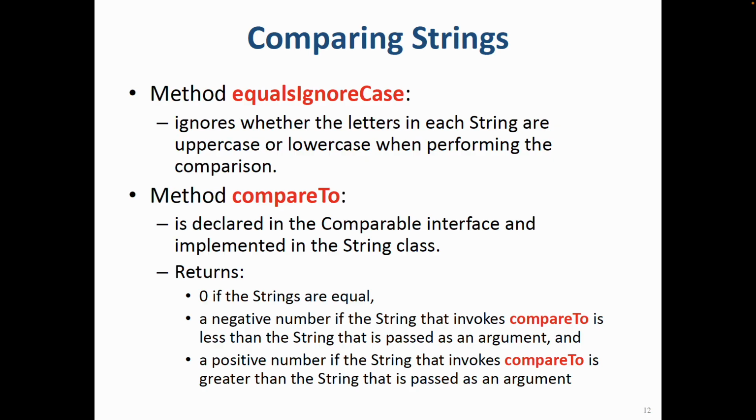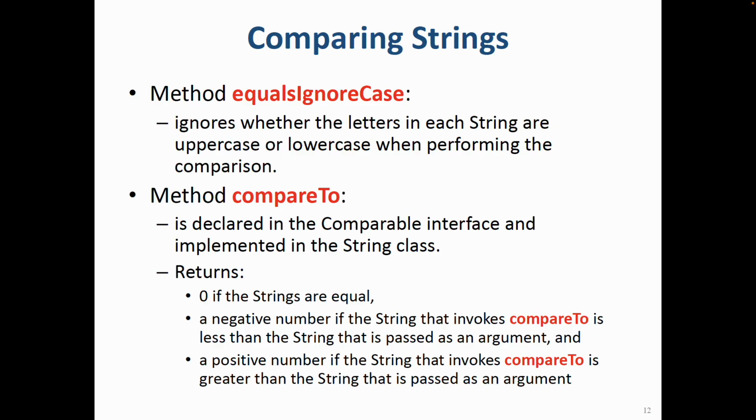Now it has a very specific numerical meaning, because it returns an integer, not a Boolean value. So 0 means they are the same. If I say s.compareTo(s1) and it returns a negative number, then it means that the string that invokes compareTo, in our case s, is less than s1.